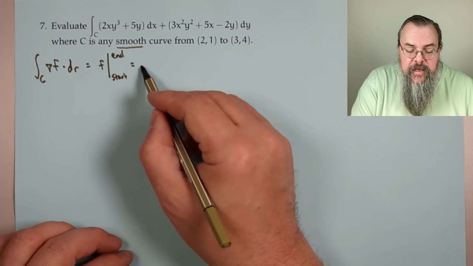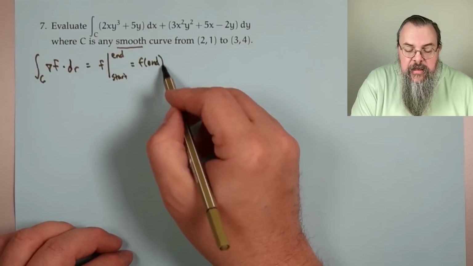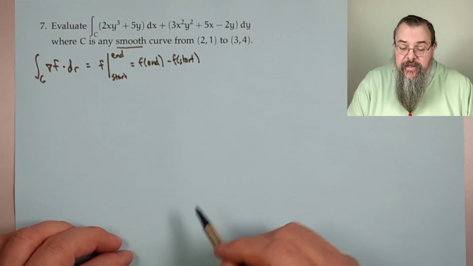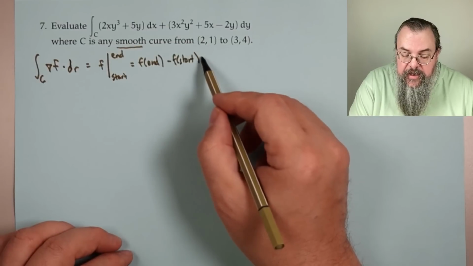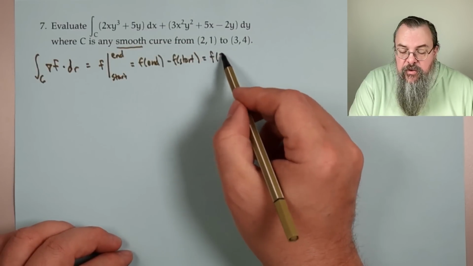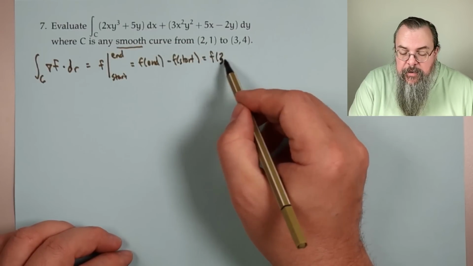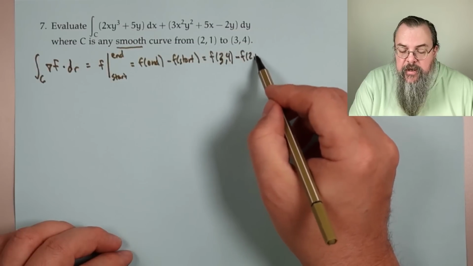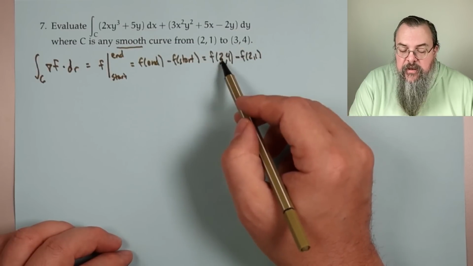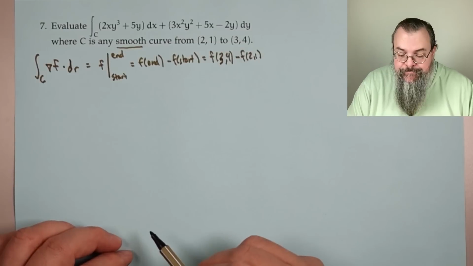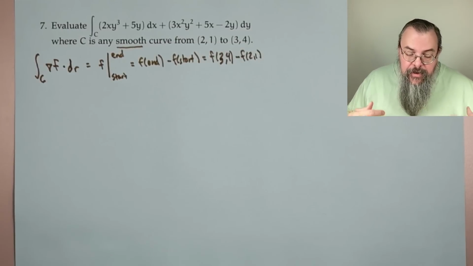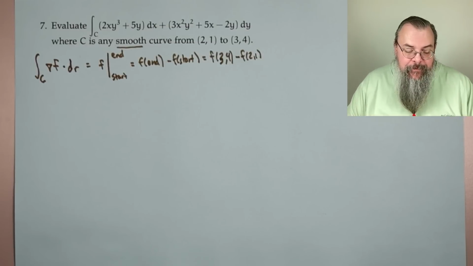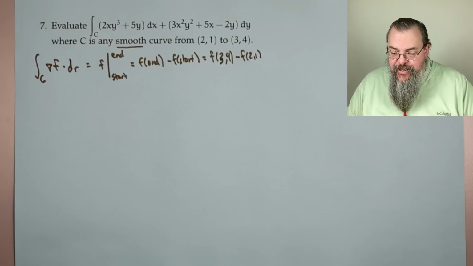So in other words, it's f at your end minus f at your start. And they've told us where our start and end are. So we start at (2, 1), and we end at (3, 4). So it's f of (3, 4), subtract f of (2, 1). End, subtract start. All right, so this problem is mostly about finding the f, find the potential function.